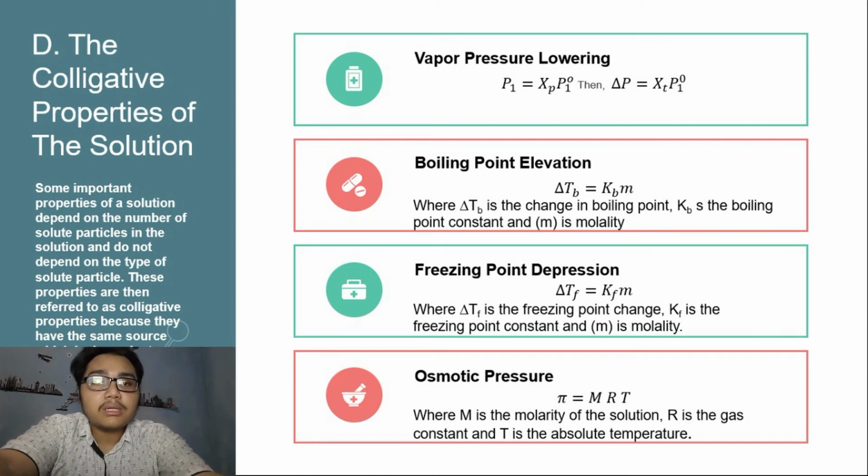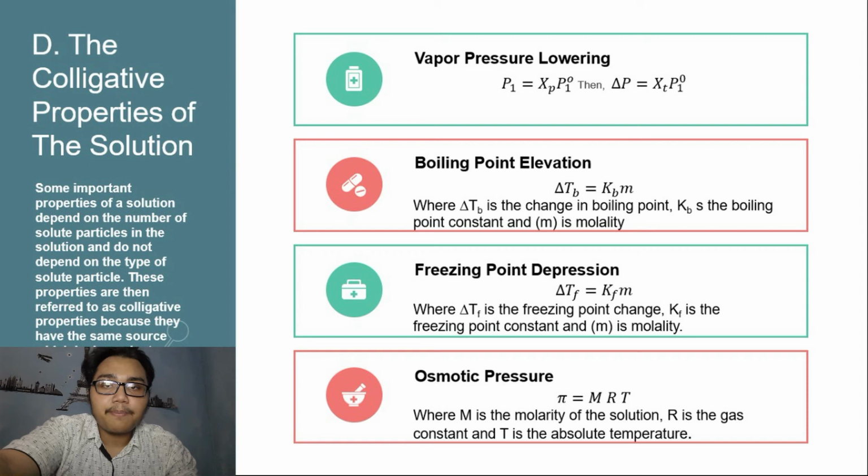So the solution has a lower freezing point than the solvent. Note that when the solution is frozen, the solid that separates is the solvent component. The formula, as you can see in your display, is the freezing point change equals the freezing point constant multiplied by molality.